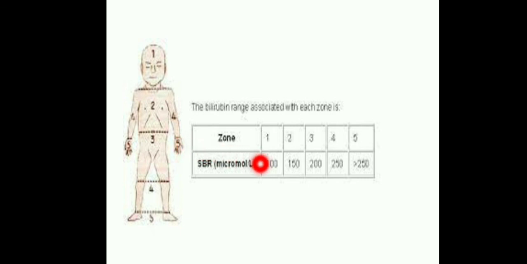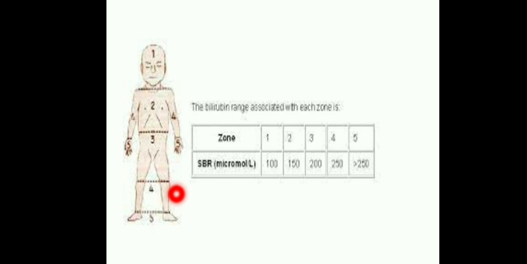Okay, we will discuss the serum bilirubin levels. As I said in the introduction itself, the jaundice appears from the head, that is the face first, and then the chest, then the abdomen, and then the legs. It slowly moves down, with discoloration of the skin.